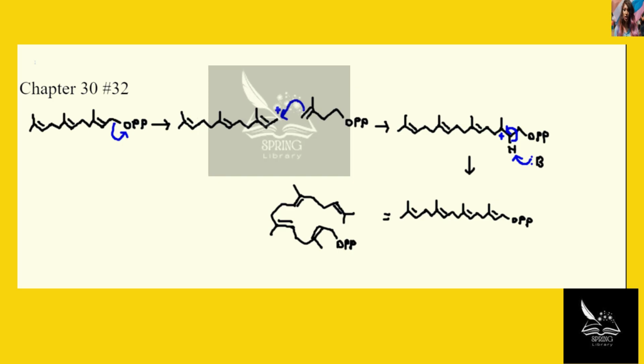So once again, the OPP group is very willing to leave, so we can just show that bond breaking, the electrons going to that oxygen there. And so what will happen next is that, you know what, I'm not even going to redraw this entire thing. So here's what I'll do.